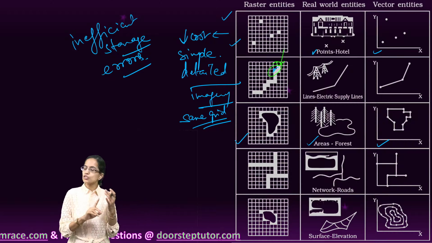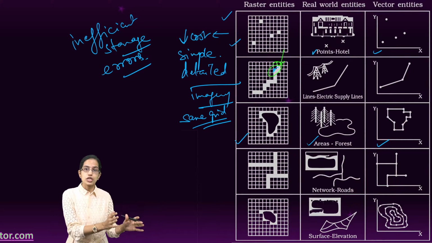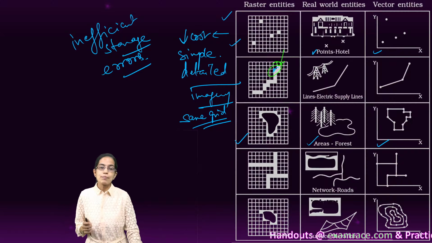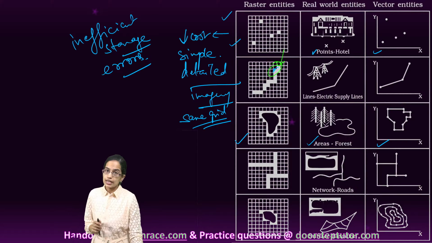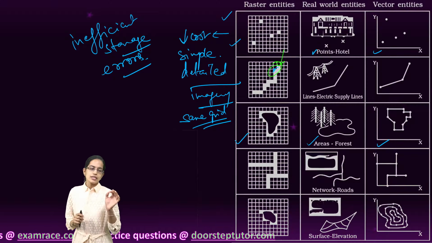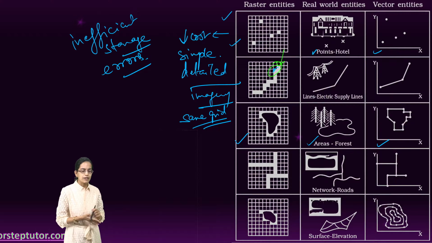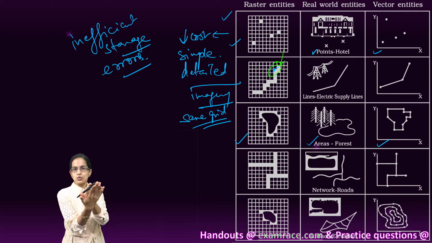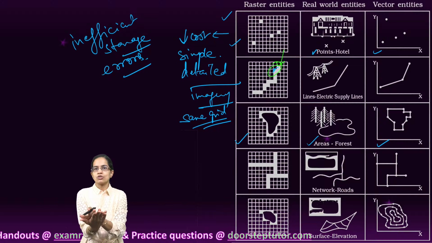So vector data is much more compatible, much more compact, requires less space, and is much more efficient in the projection transformations that are required. More accurate map outputs can be obtained with vector data, but this is not all. Vector data comes with its own drawbacks. The most important drawback is a difficult overlay operation. For example, I have one vector data and the line art for the same, and a second vector data and the line art for them. Now if I want to overlay the two, and the first one is in, let's say, black color, the second one is again in black color, it becomes very difficult.